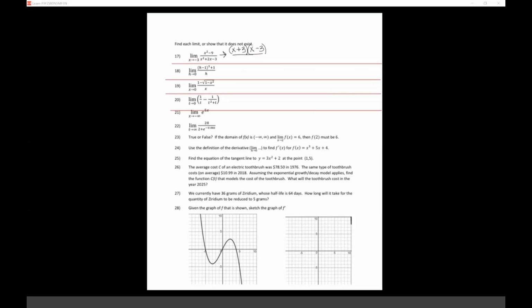The denominator polynomial is a little bit more difficult because you have to find two binomials. It's quadratic, so I'm going to factor it as a product of binomials. The first term's x squared, so I know I have an x as my first term. And then you look at the sign on the last term. It's negative.